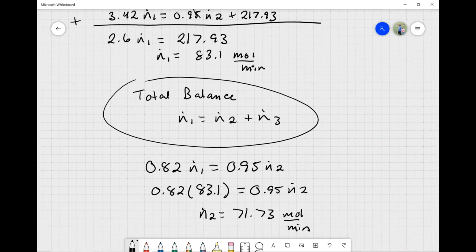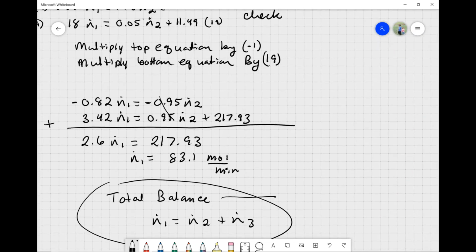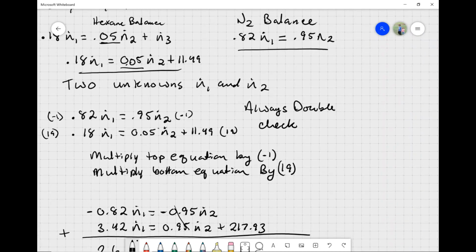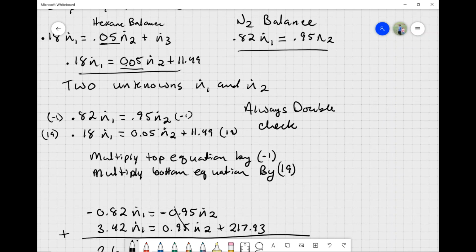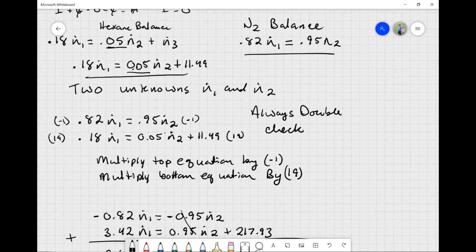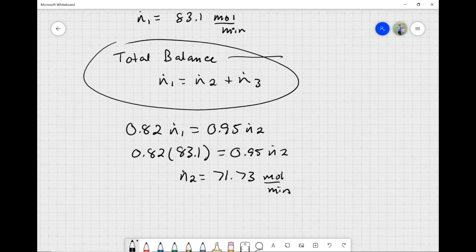So right away, just by general inspection, it looks okay because N1 is the biggest number, and it's going to be a sum of N2 and N3. N3 we know from our conversion was, where did I get it? Yeah, 11.49. So we know N3 is 11.49.